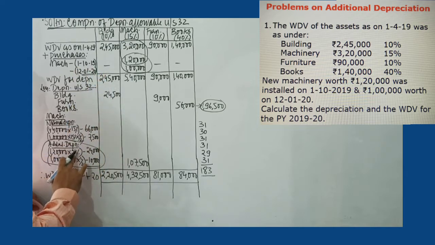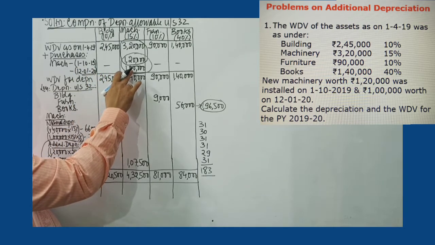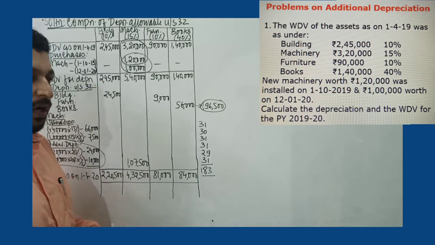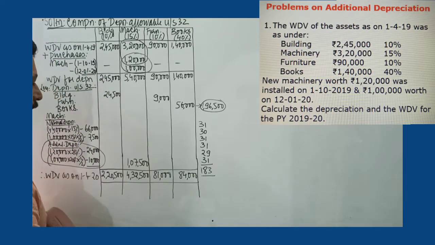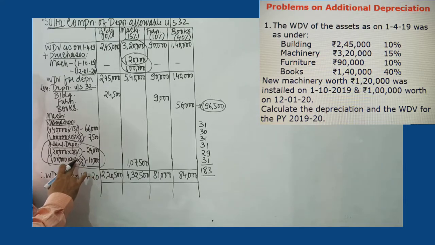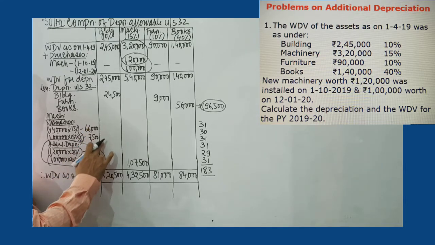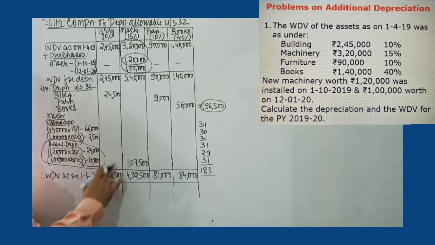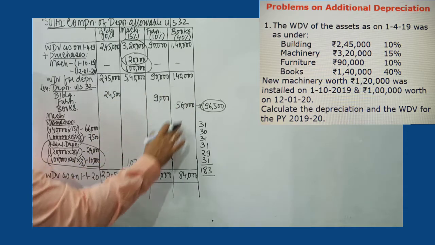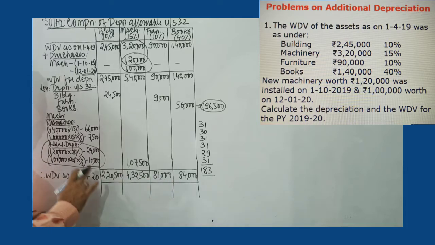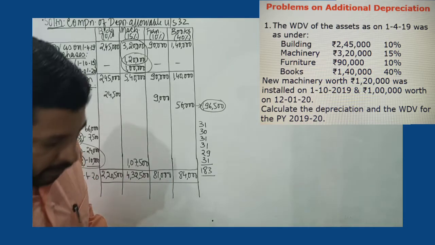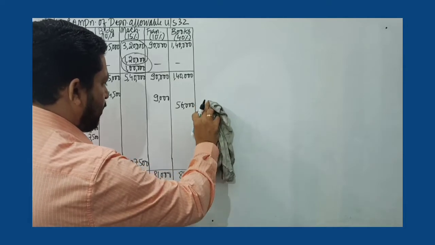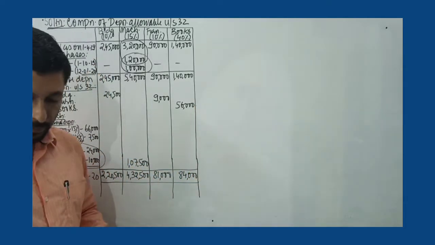So full year's depreciation at 20%. Whereas the second machine is purchased on 12th of January. So 12th January to 31st March is definitely less than 180 days. So half year's depreciation at 20% will be calculated. So total depreciation on machinery is 1,07,500, and then we deduct the depreciation from different blocks. We arrive at WDV for the upcoming year. I hope this problem on additional depreciation is clear.